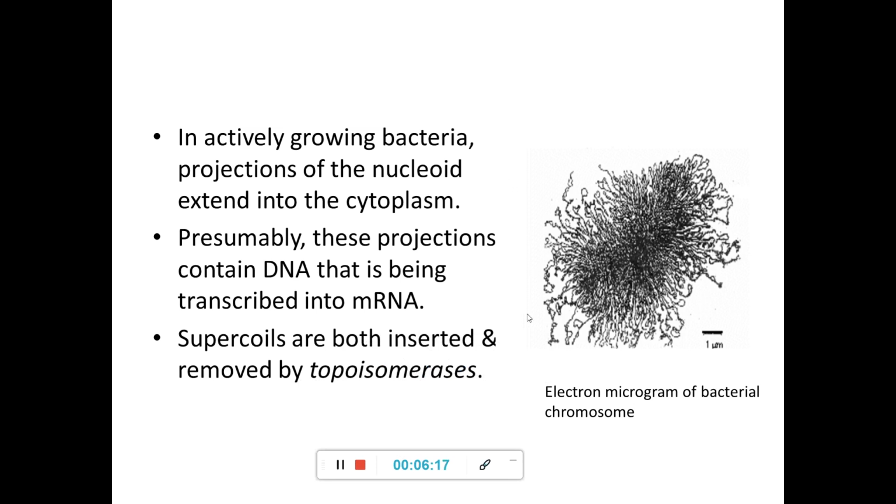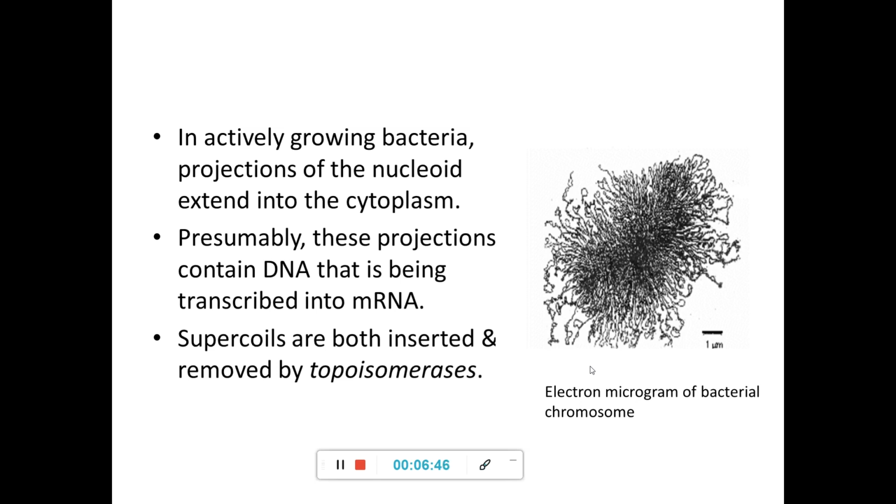This is a picture that you get when an actively dividing cell is being looked at. At some places you can find that the nucleoid is extending and left loose. They are not compacted. But at some places the DNA is found to be compacted. The regions where the supercoils are loosened, or where projections are happening, are regions where the DNA is being transcribed into mRNA.